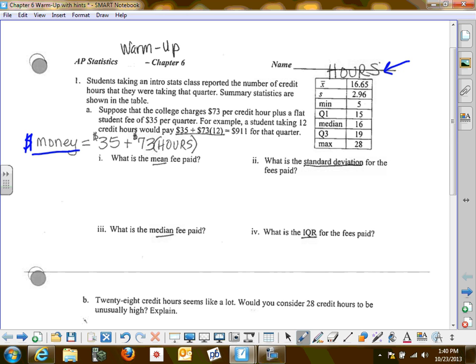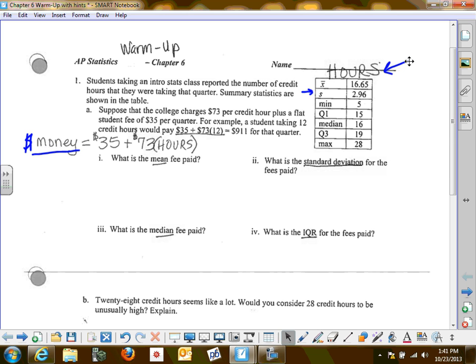Do keep in mind that this is X bar, the mean of a sample. It's not written with a mu because it's not for the whole population. X bar is the mean of a sample, and this S is the standard deviation of the sample.